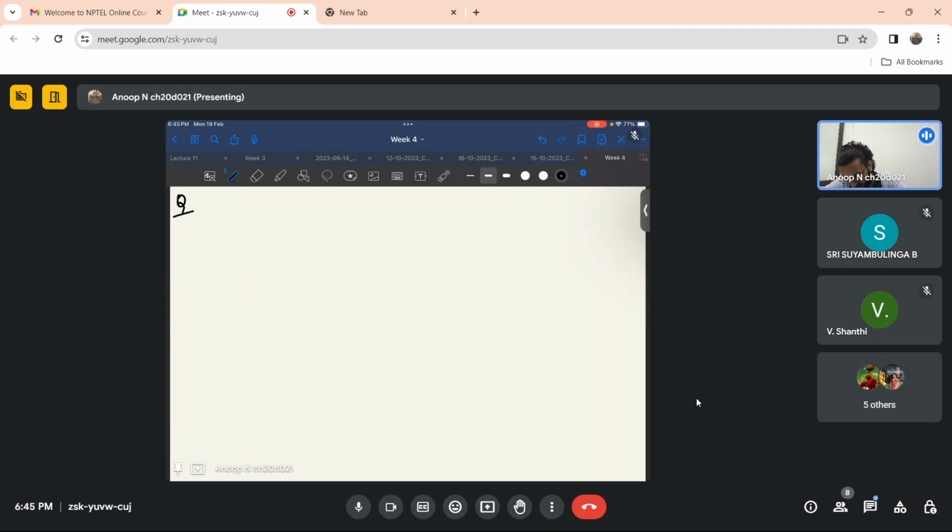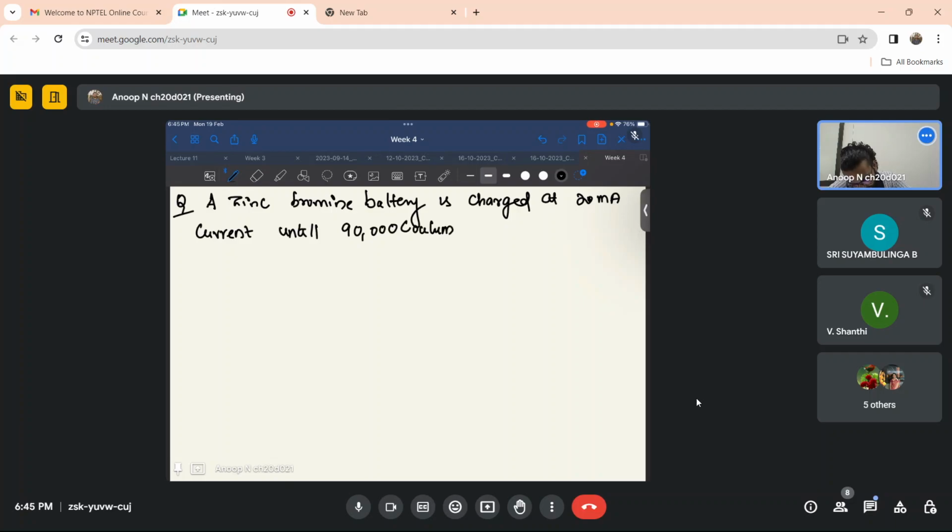Okay, so the question is: a zinc bromine battery is charged at 20 milliampere current until 90,000 coulombs are passed.